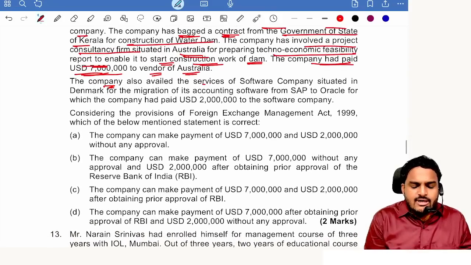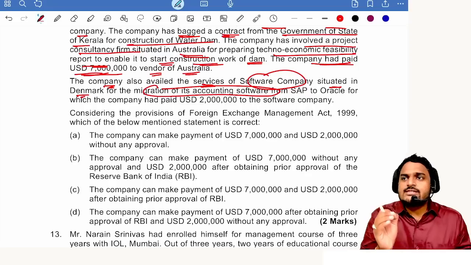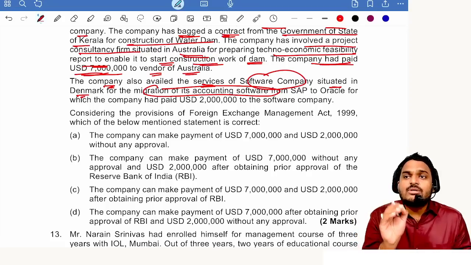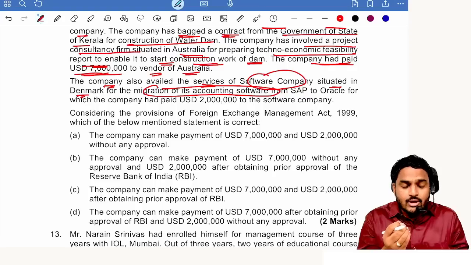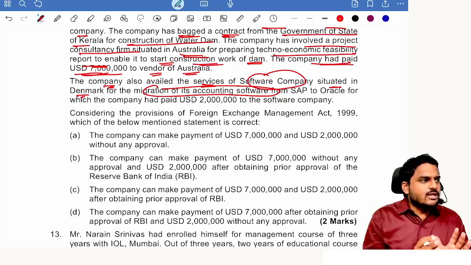The company also availed services of software company situated in Denmark for migration of its accounting software. What is the service? Accounting software. So that is service other than infra projects. Other than infra projects, what is the permissible limit without which approval not required? Without RBI approval, up to which limit permissible? 1 million USD.